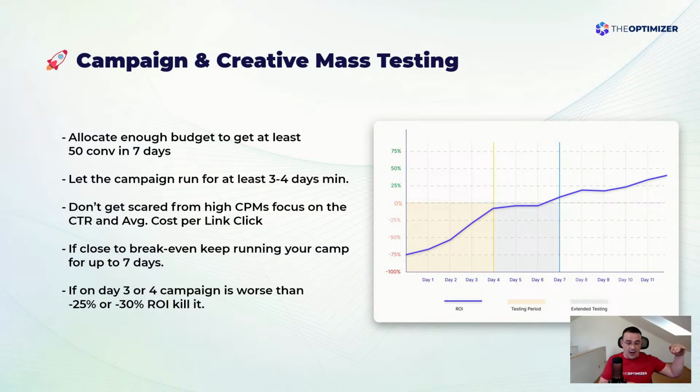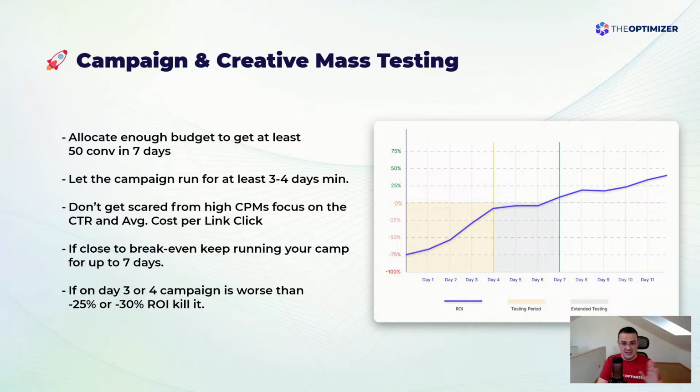If the ROI always stays in the negative range, and usually we're talking about worse than negative 25, 30%, then it might be difficult. But if you see a positive trend coming to your campaign, then definitely don't kill it, but extend your testing.